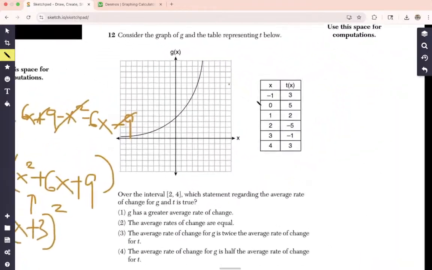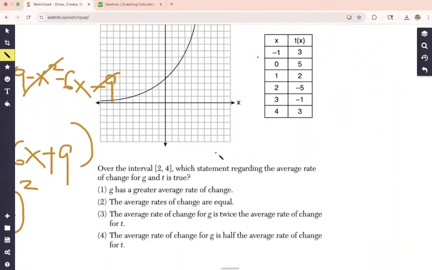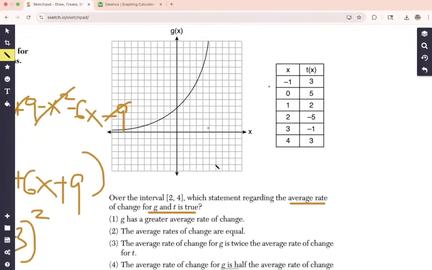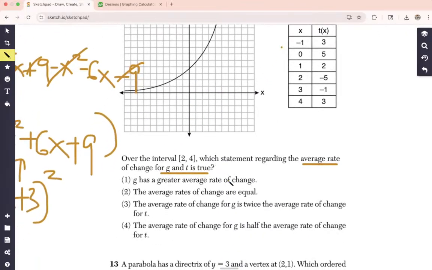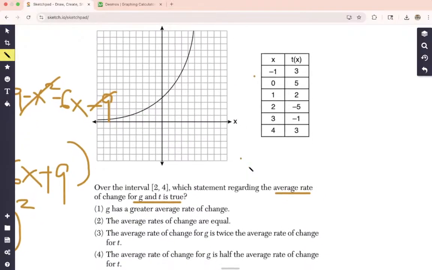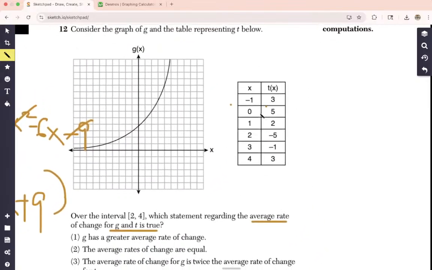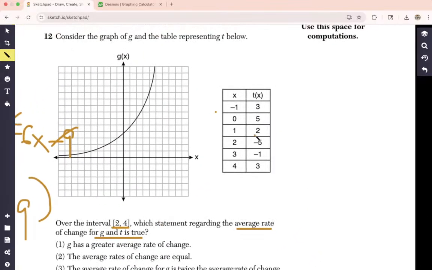Consider this: over the interval, the average rate of change. Average rate of change is literally just a slope over the interval 2 and 4.